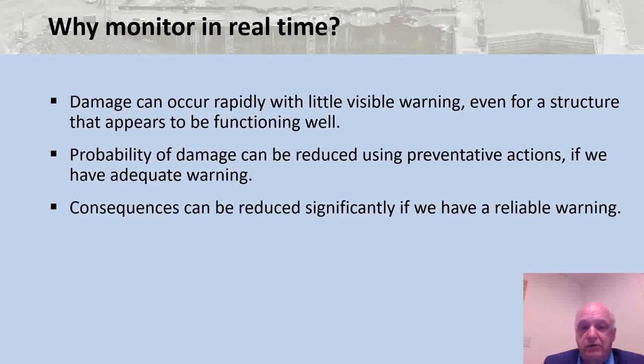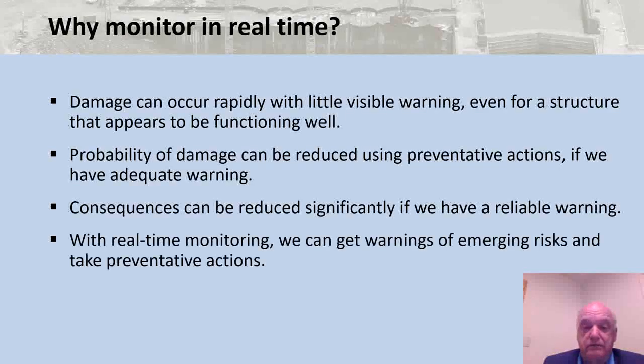Consequences can be reduced significantly if we have a reliable warning. In this case, they slowed up, figured out what was going on, corrected it right away, and so the consequences were well under control. Had that not happened, we could have had hundreds of thousands of dollars in delays on a daily basis. With real-time monitoring, we can get warnings of emerging risk and we can take preventative actions.